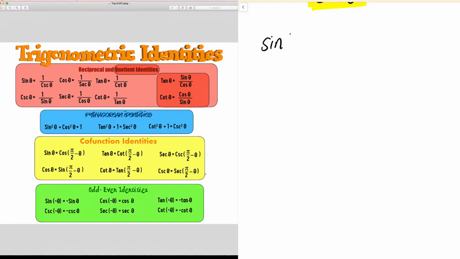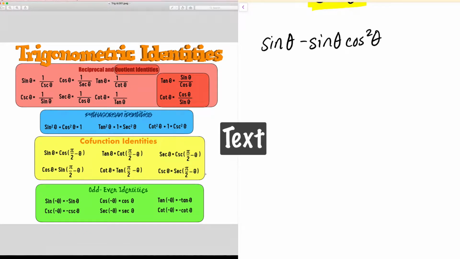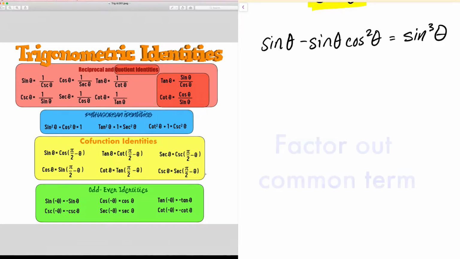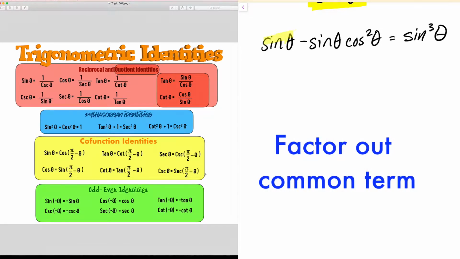Number 3 reads sine theta minus sine theta times cosine squared theta, and I want to verify that that equals sine cubed theta. As I'm looking at the left, I'm noticing that I have a common factor, a sine.